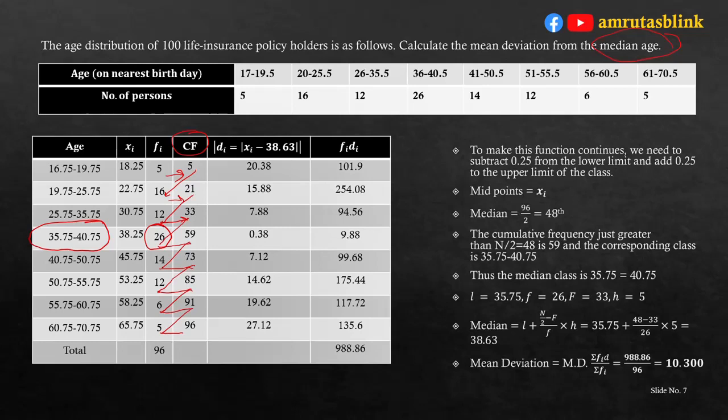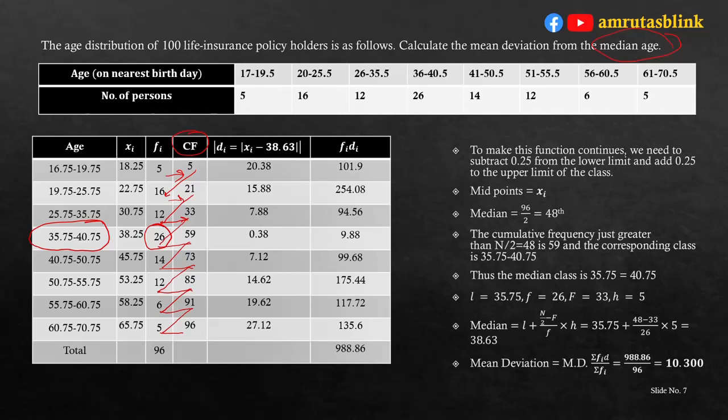Now, we need to calculate the mean deviation about the median. So, coming back to the table, in column 5, we will calculate the deviation of each observation xi about this 38.63.